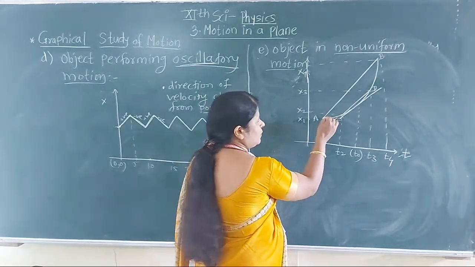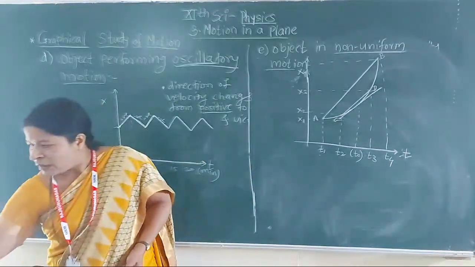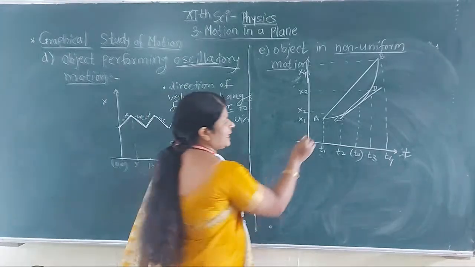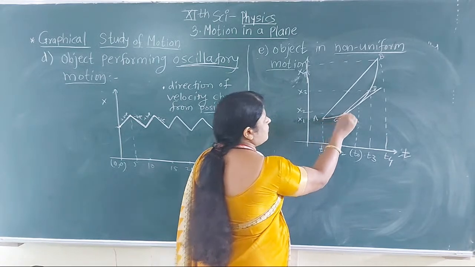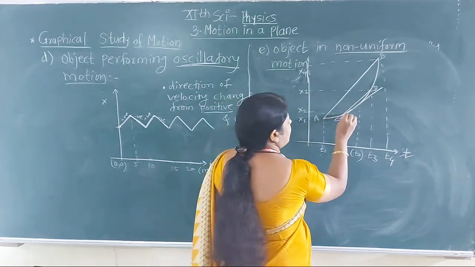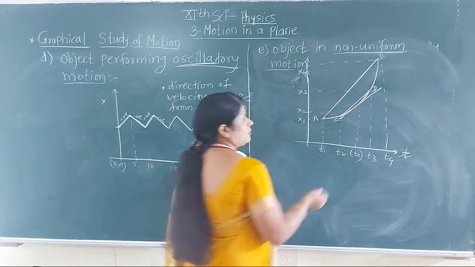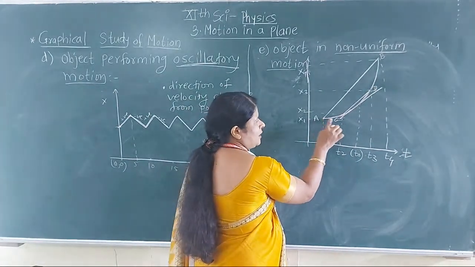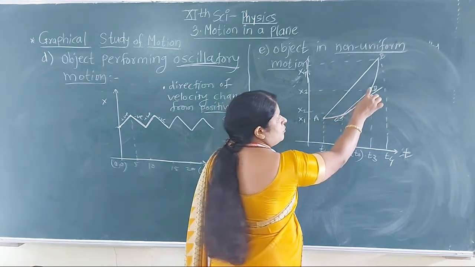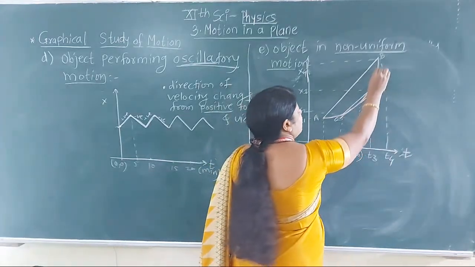See the motion on the graph. The object starts from A, it covers some point C, then D. The motion of the object, as seen by this graph, is A to C, then C to D, and then D to B.